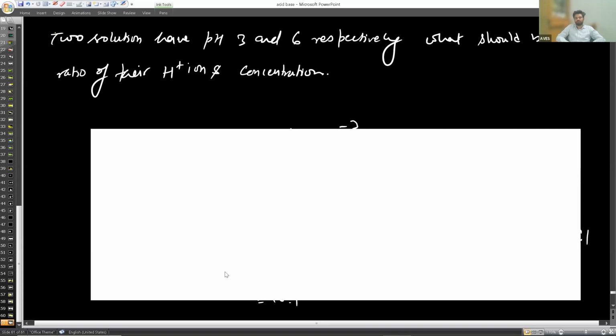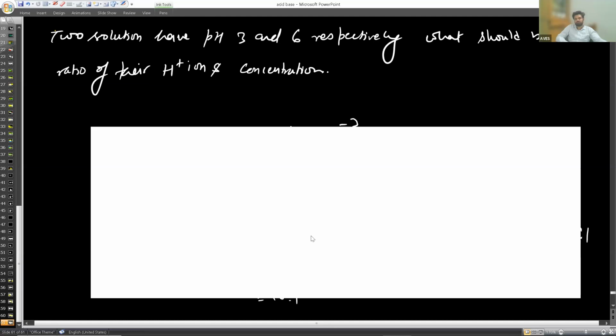99% of the students are going to get this answer. Yes, Alvina, what's the answer here? I'm doing. Zainab, your answer? Ten is to 1 or 2? 10:1. Okay.